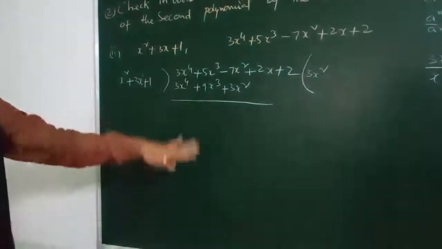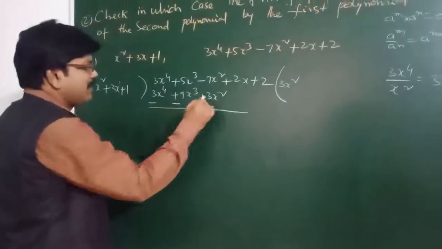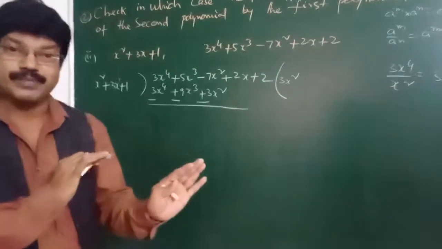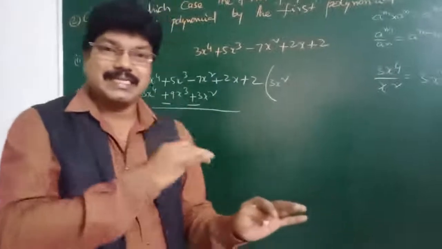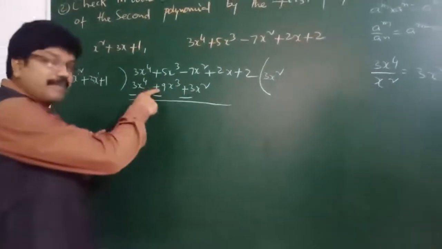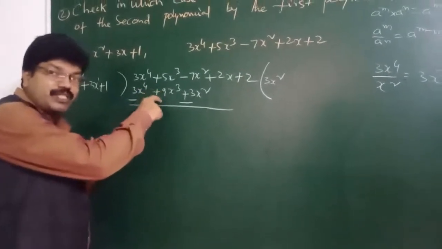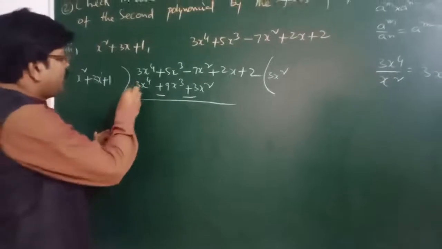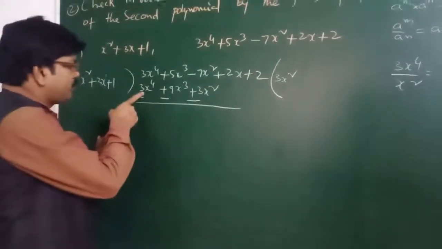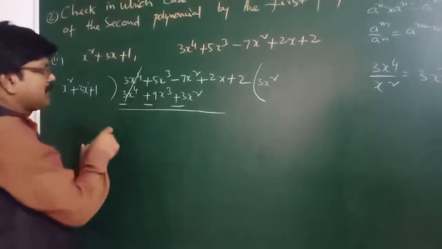Now subtraction, the division rule. While we are subtracting, change the symbols. It's most important. If here is plus, we change to minus; here minus, we change to plus. Now minus 3x power 4 plus 3x power 4 cancel.